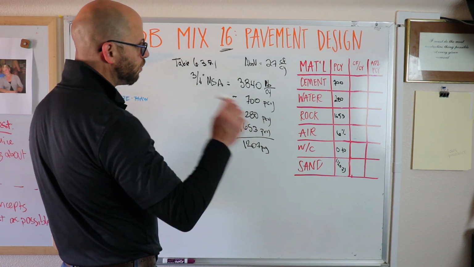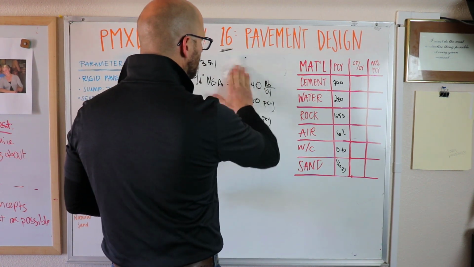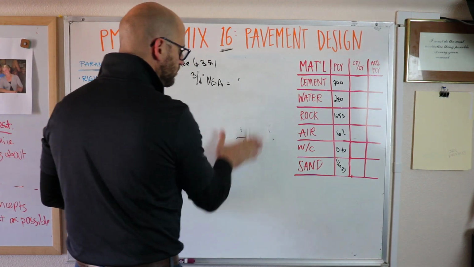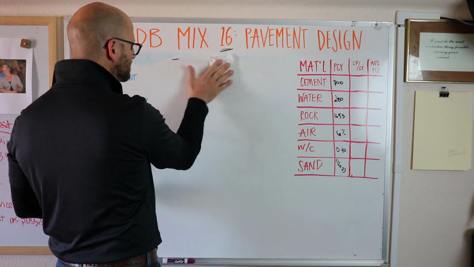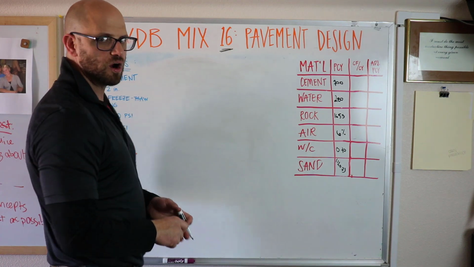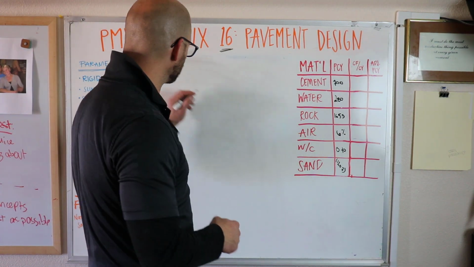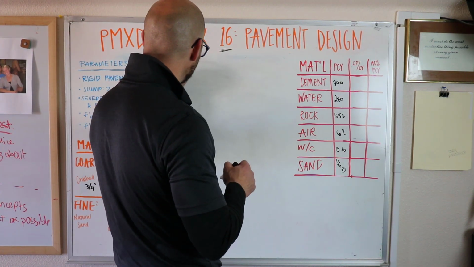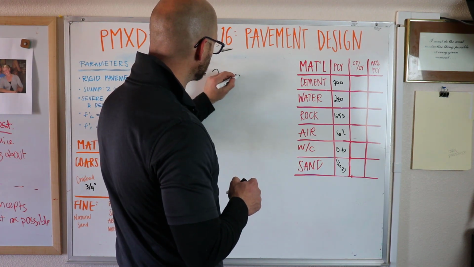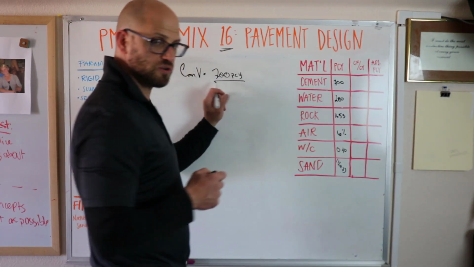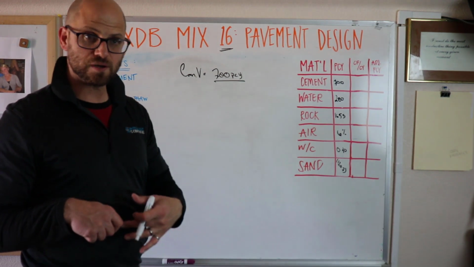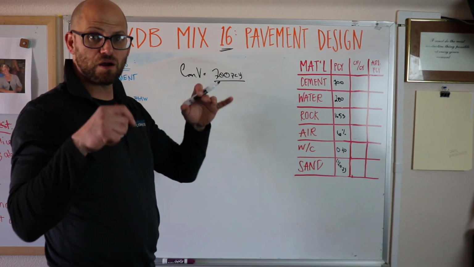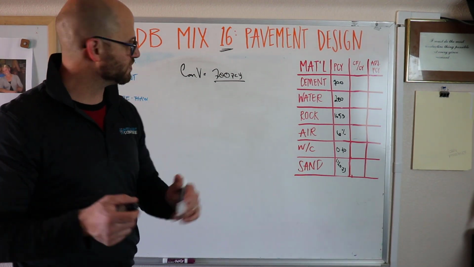Okay, so what we've got to do is, in lieu of using our estimate, we've got to determine our volumes for our individual materials. So we'll start out with our cement volume. We've got 700 pounds per cubic yard. The way we turn this into cubic feet per cubic yard is we divide our material by the unit weight of the material.